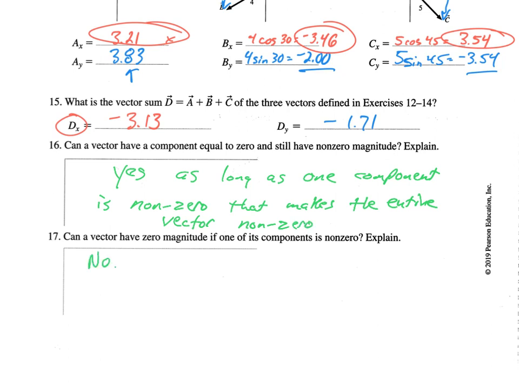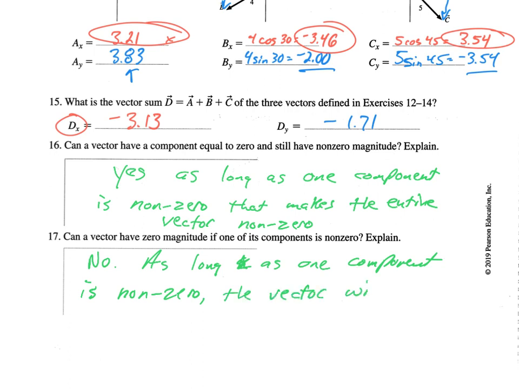This would be no. Kind of the same thing as the last one. As long as one component is non-zero, the vector will be non-zero.